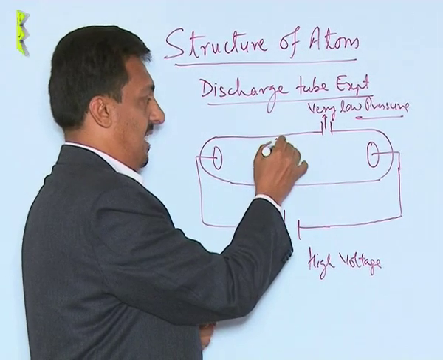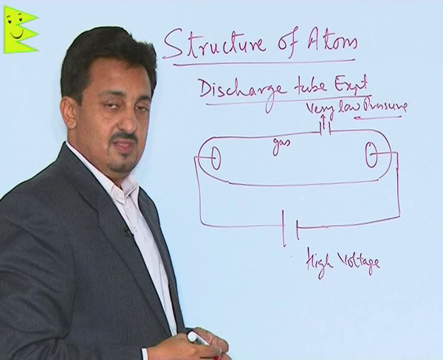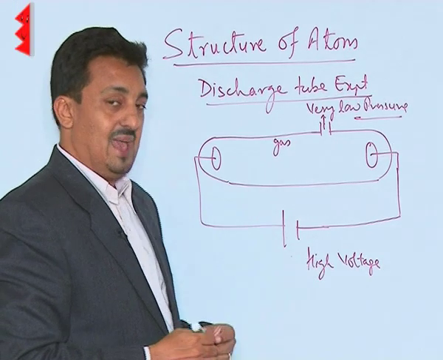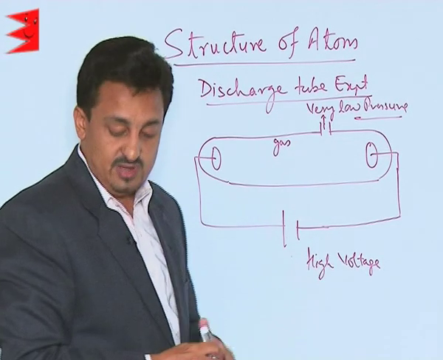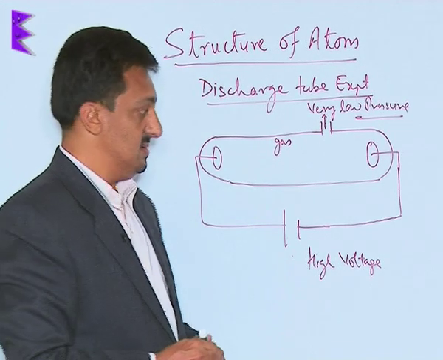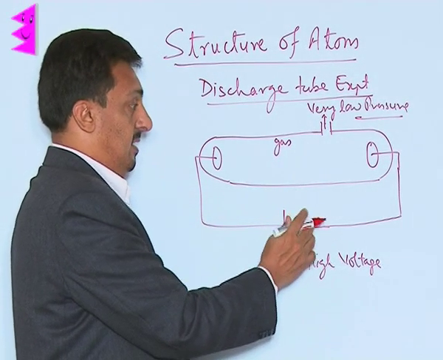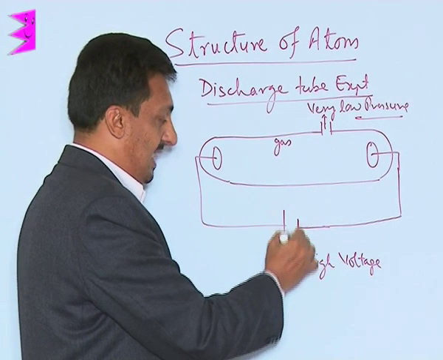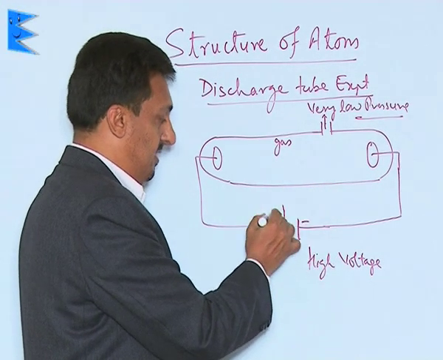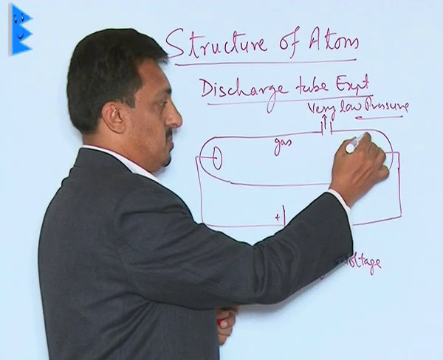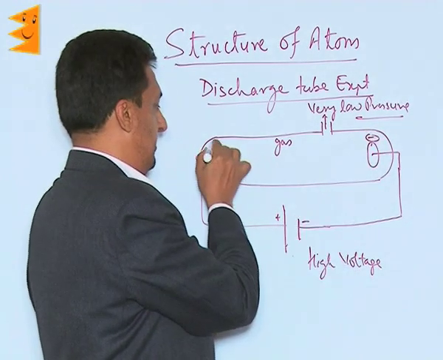There is some gas filled in this discharge tube, and when this gas is subjected to a very high voltage, what we notice is that suddenly, so this is the negative end of the battery, this is the positive end, we have a negative end here, and a positive end here.